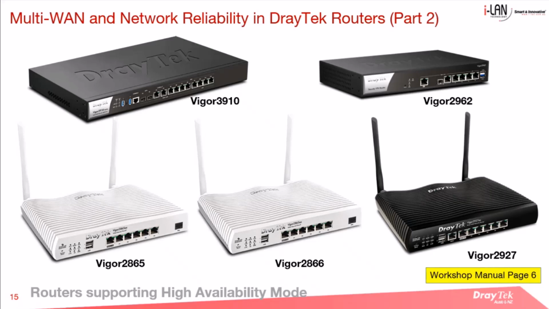Those routers all run DrayOS. The Linux OS routers like the 3900 and the 2960 also support high availability. So these are the routers that support high availability features.